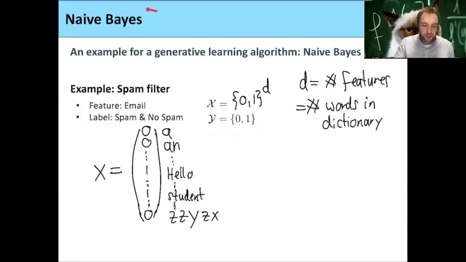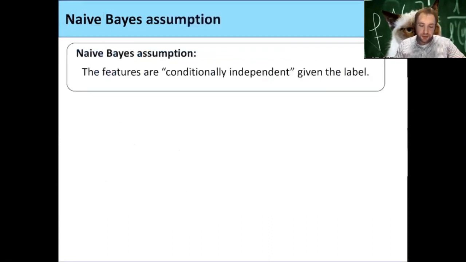So now I want to describe this naive Bayes algorithm. And for this, I want to explain what we mean by this naive. For this algorithm, we will make a big assumption, which is called the naive Bayes assumption. And this assumption is that the features, so the different words, are what is called conditionally independent given the label.